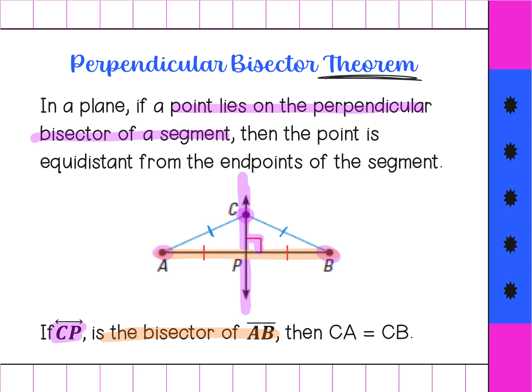Then it's telling me CA is equal to CB. So this is the perpendicular bisector theorem. This means I'm going from a perpendicular bisector to showing that my segments are equal distance, two equal distance segments.